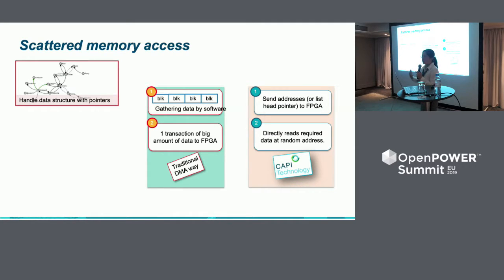OpenCAPI can easily handle that because it can use virtual addresses. It directly uses the pointers to access the data. Especially, we support unaligned addresses, any size of data, and byte-enable write strobes. That means you can freely use these pointers in a very flexible way.